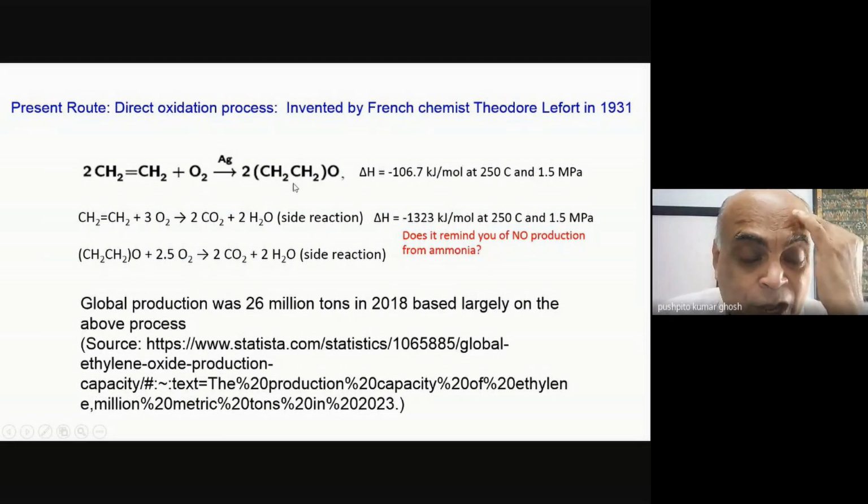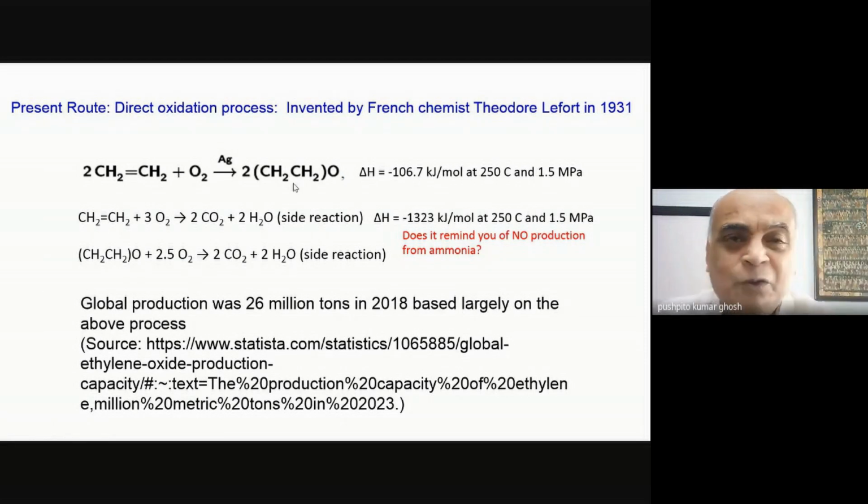Almost like when we were looking at the ammonia oxidation to NO, and we saw some of it can form nitrogen, and those were far more exothermic reactions than your desired reaction. Exactly the same thing is true over here. If you look at the thermodynamics of ethylene, this is minus 1323 kilojoule per mole.